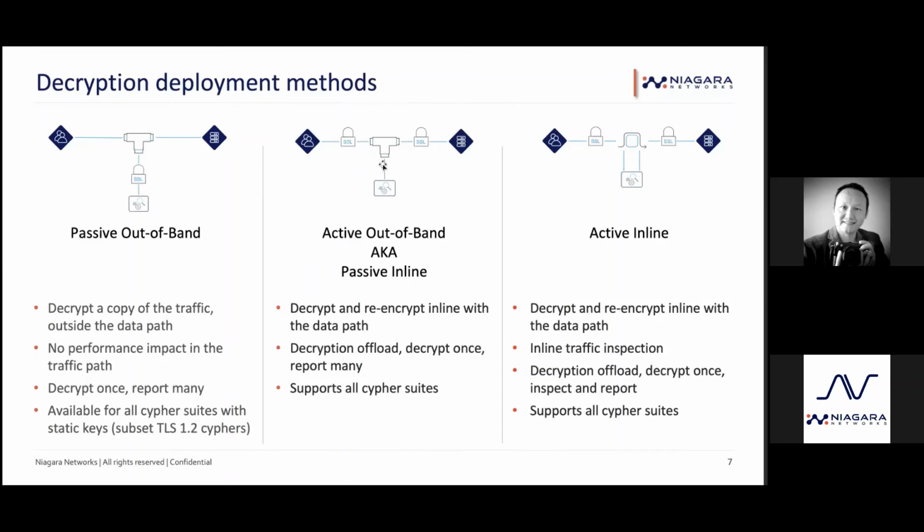So there is not that much difference between the two. In passive, we can decrypt and send it to multiple appliances, so you can use that as SSL offload as well. But yes, we do support all varieties of deployment.